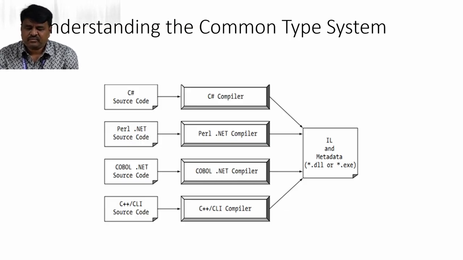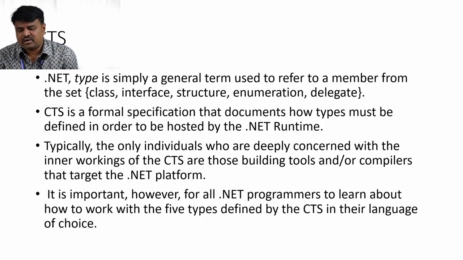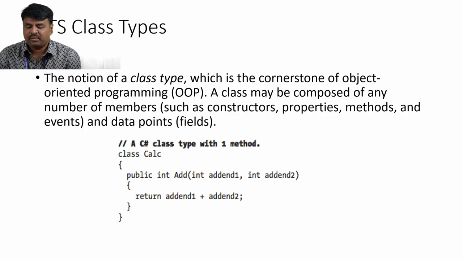In the CTS, of course, you can see a variety of types, such as class types. You can derive a class by using the class name, followed by any method name under the class. So you can declare it and produce the output.